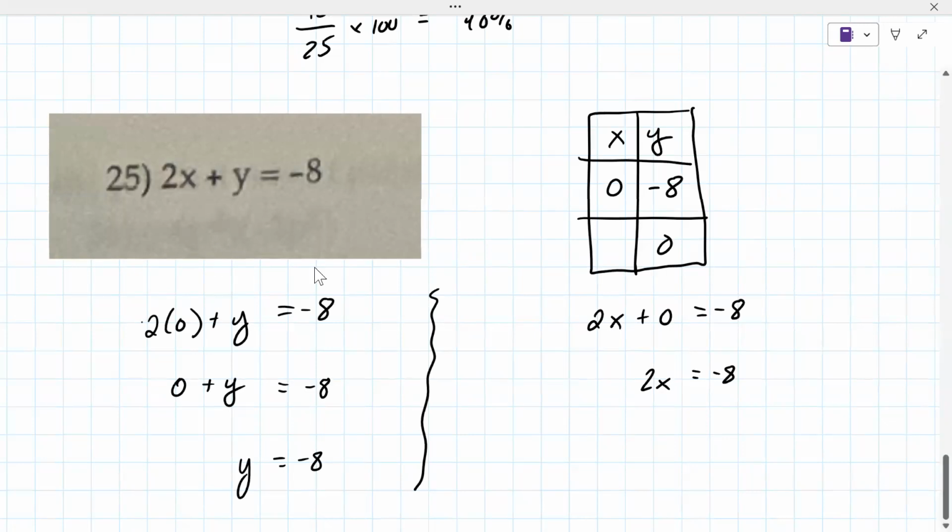How do you undo the 2 in front of the x? Divide both sides by 2. Good. Hang on just a second. Okay. Sorry. So it's -4, not -8.